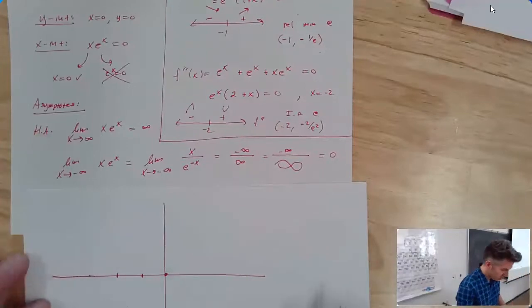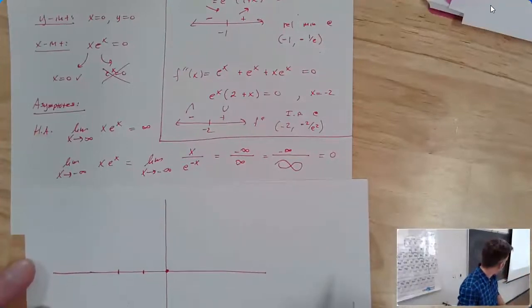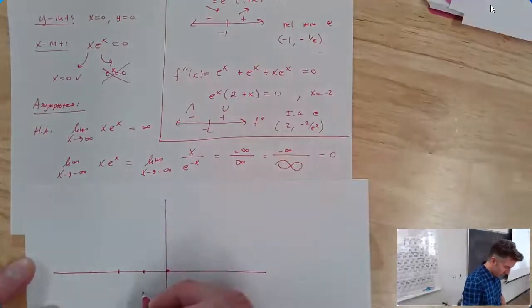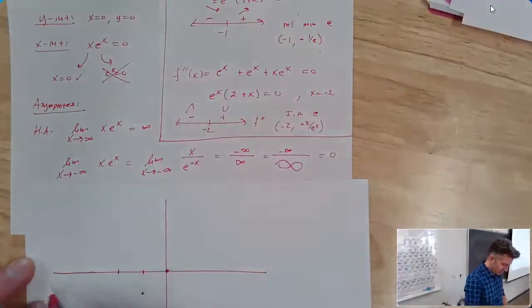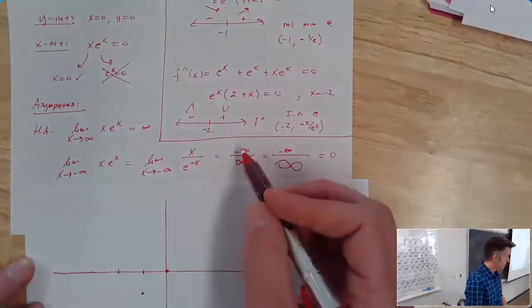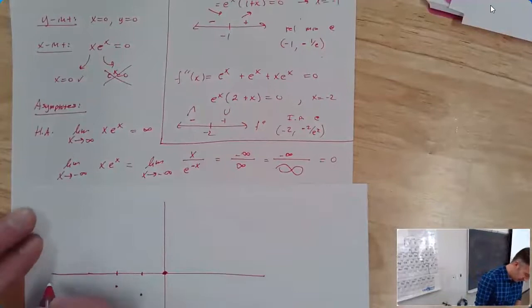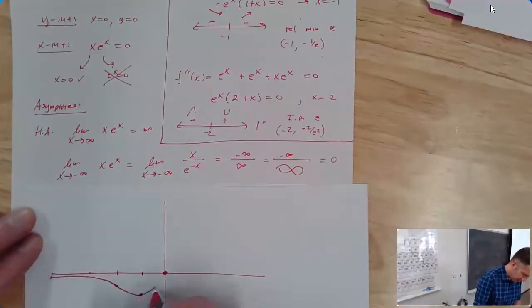Before I plot these points, I'm going to think about the fact that my graph is going to be decreasing before I get to -1 and increasing afterwards. I know that my only x-intercept is right there, and I have an inflection point right there. So it's going to look something like this: concave down, then concave up, and bottom out.